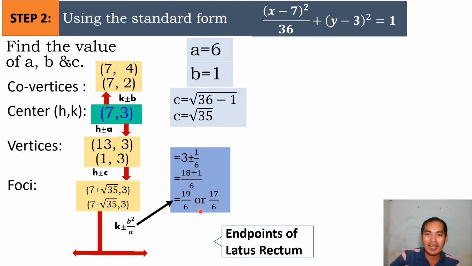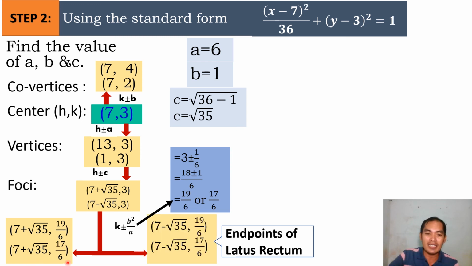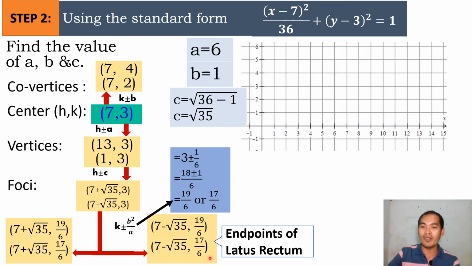When we simplify, it's 19 over 6 or 17 over 6. And we have now the coordinates of the latus rectum. We have 7 plus the square root of 35, 19 over 6. 7 plus the square root of 35, 17 over 6. And 7 minus the square root of 35, 19 over 6. 7 minus the square root of 35, 17 over 6.